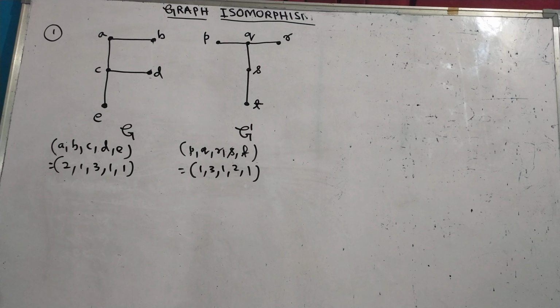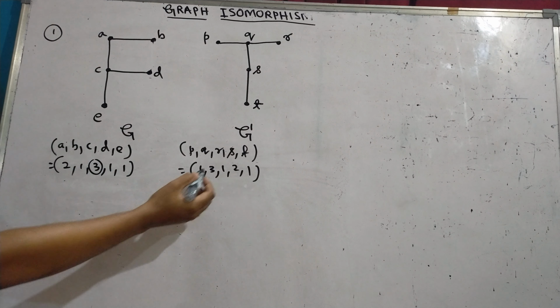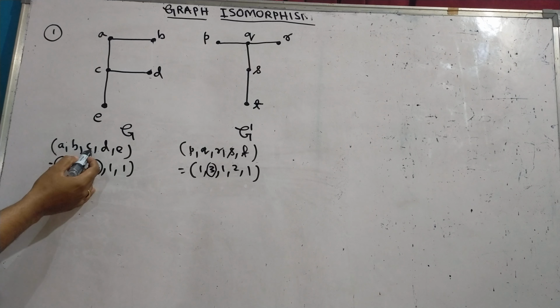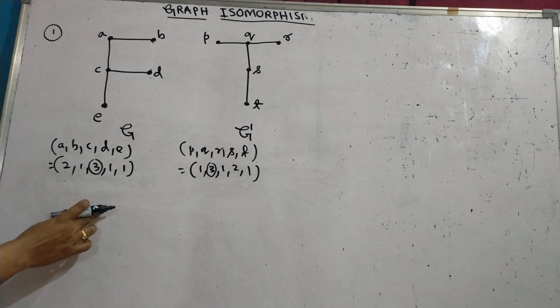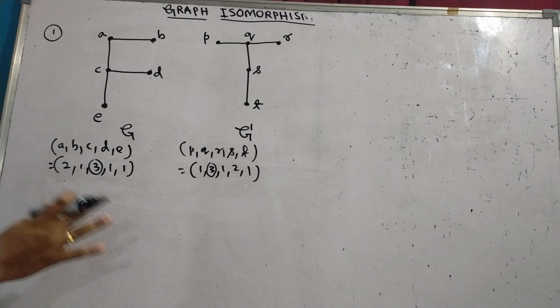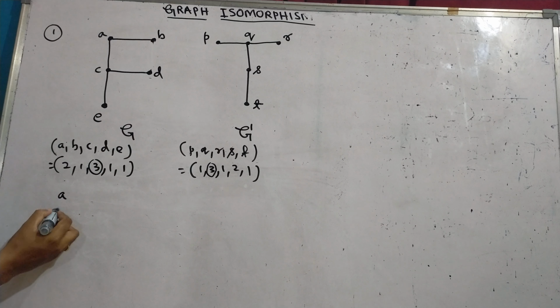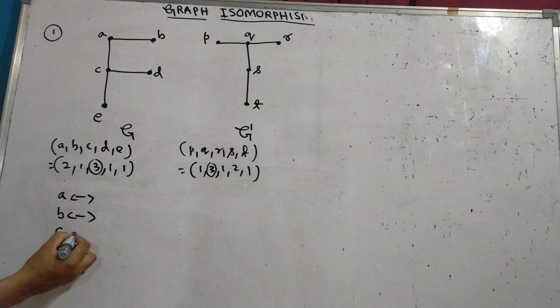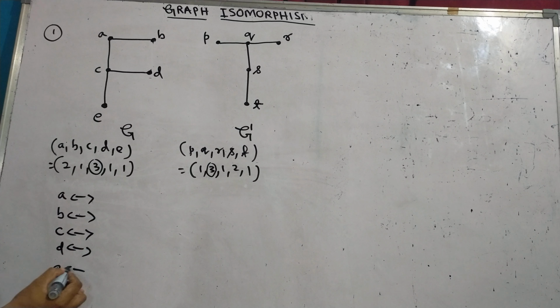Look at the degree sequences of these two graphs. This is the degree sequence of the graph G, and this is the degree sequence of the graph G dash, and both are matching. We have only one vertex of degree 3, so we can say there is a one-one correspondence between the vertex C and the vertex Q. Let us write the one-one correspondence between the vertices of G and G dash.